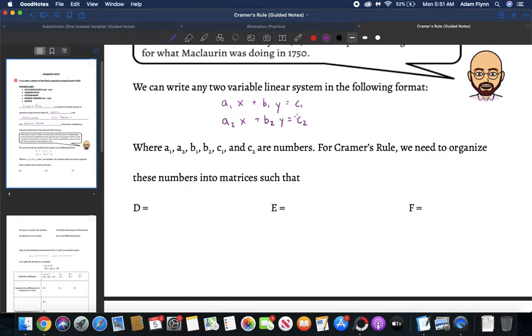Okay, so if the a1, b1, c1, a2, b2, c2 are kind of throwing you for a loop, those are just going to be numbers. They can be replaced by any numbers for a system of equations.